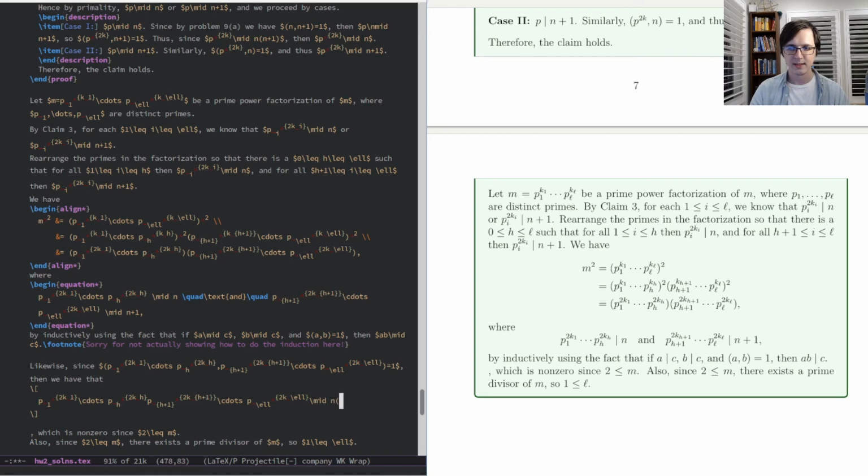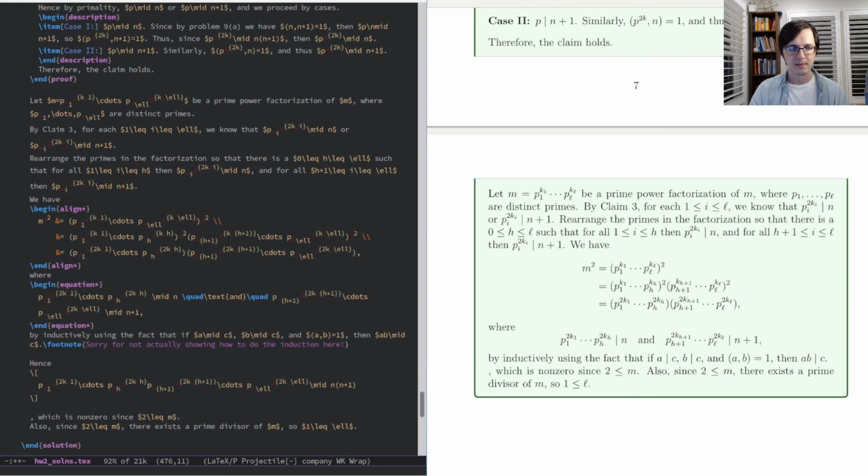Their product. Oh, we don't need the coprime part. But we already had this.